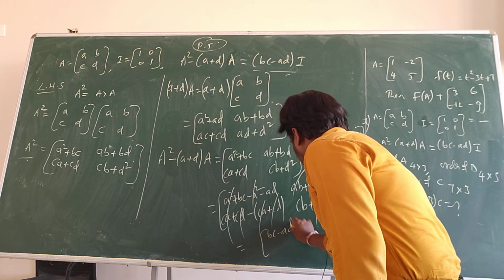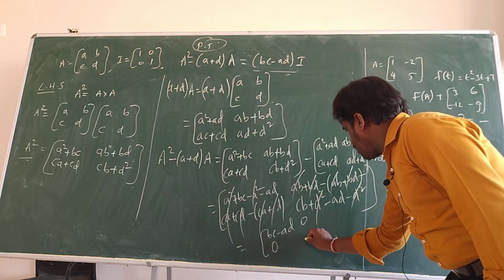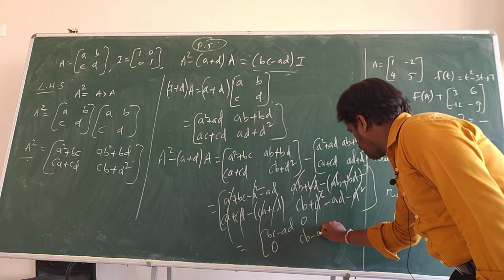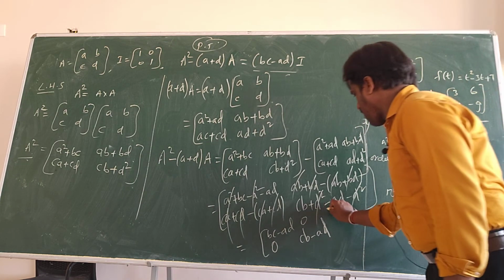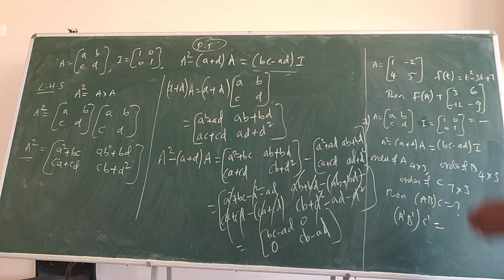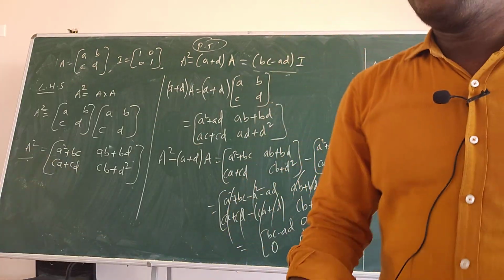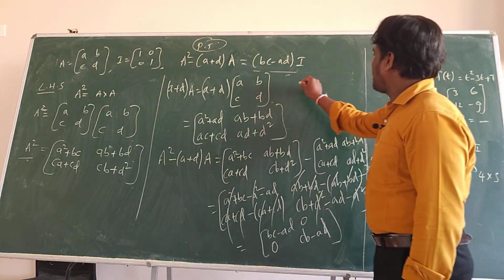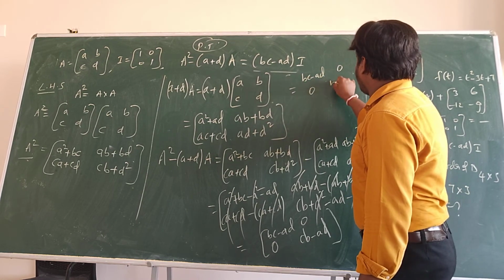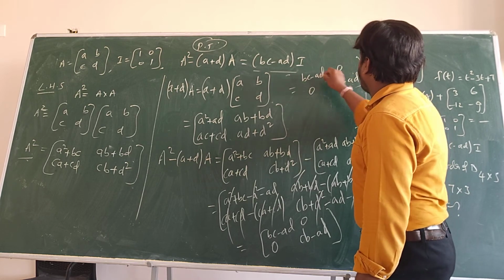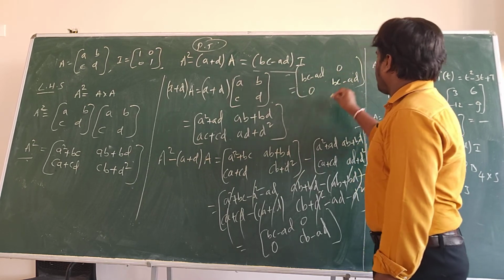BC minus AD, 0, 0, CB minus AD. So you can now take out common.